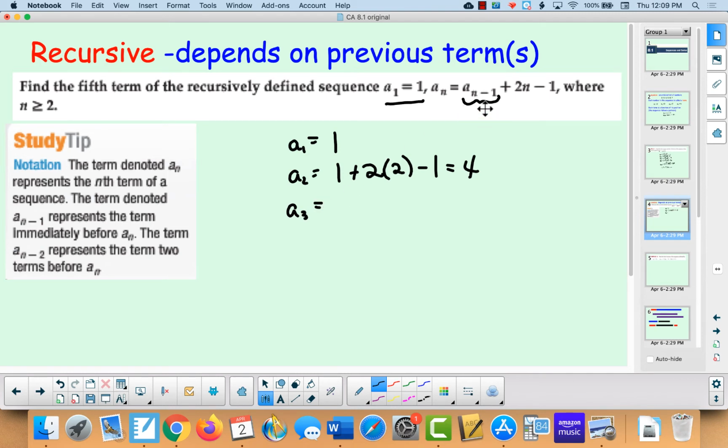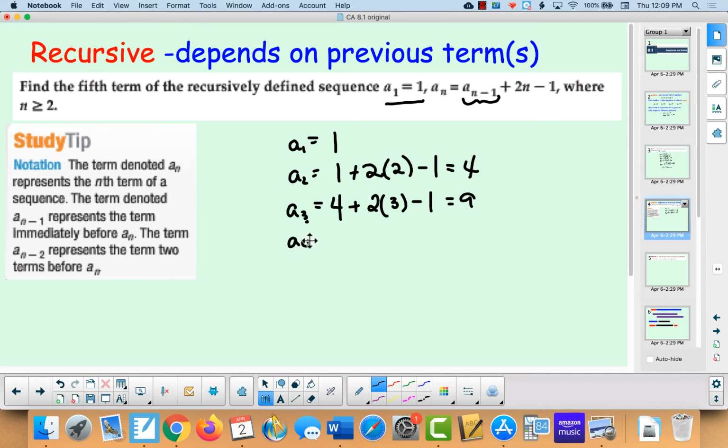So now a sub n minus 1 is this. So we plug in 4, because that is the term before a sub 3. N is 3 for this problem. So I have 4 minus 1, which is 3, plus 6 gives me 9.